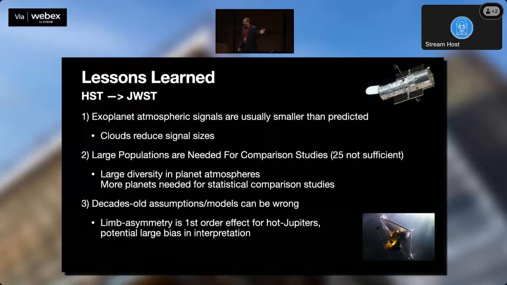The other is that with such a large diversity in the planets, 25 planets isn't really enough to do the proper comparative statistics you need. So you need more planets. And the third one is that decades-old assumptions could be wrong. In this case, the limb asymmetry for hot Jupiters is a first-order effect you have to worry about. And if you don't, there's a potential for a large bias in interpretation.